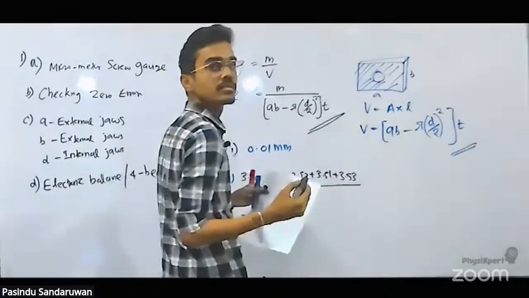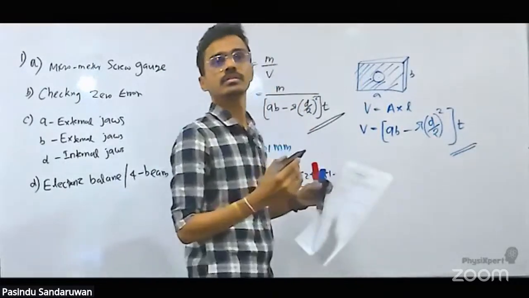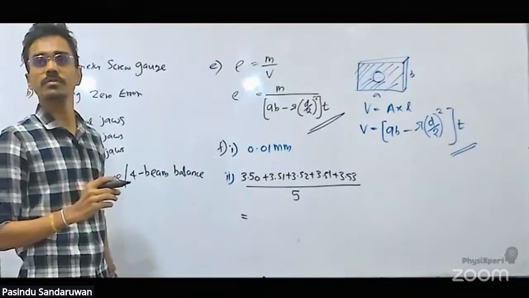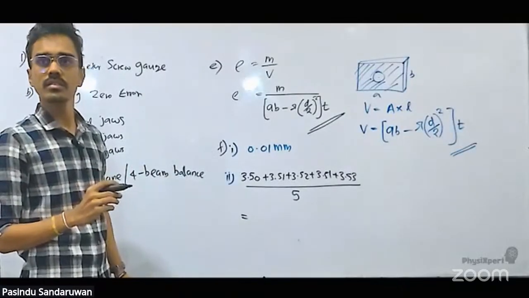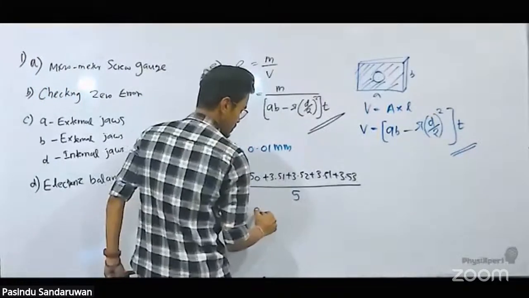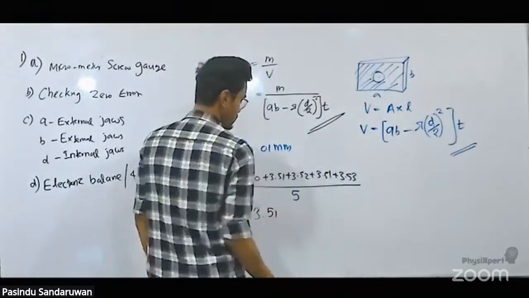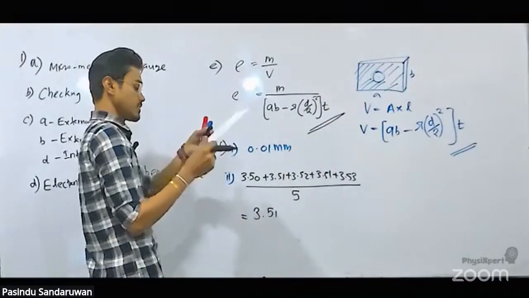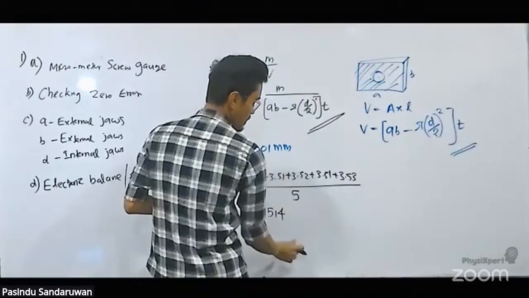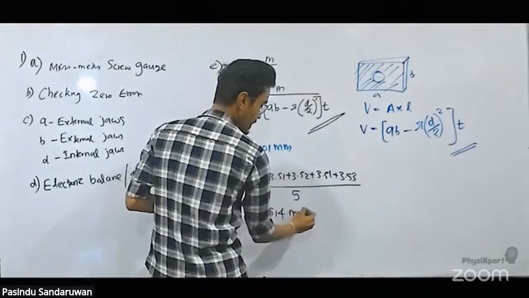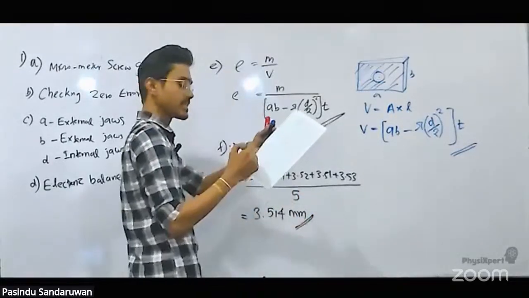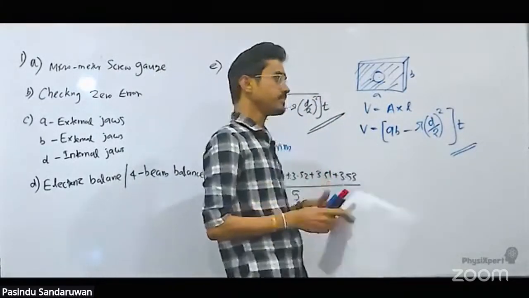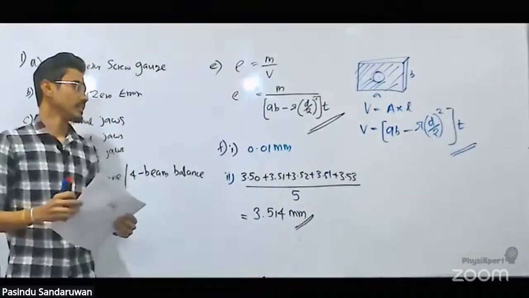Simplified, that is 3.514. In this answer, it's better to mention all three decimals. The reason is that the next question asks about that. So it should be 3.514.